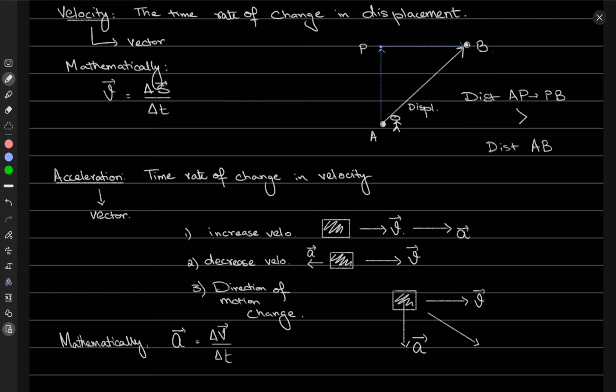So if displacement is measured in meters and time is measured in seconds, then velocity is measured in meters per second. So if velocity is measured in meters per second, then acceleration is measured in meters per second divided by seconds, which is just meters per second squared.